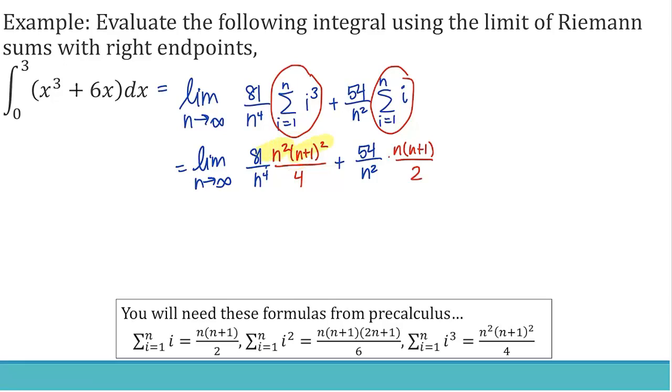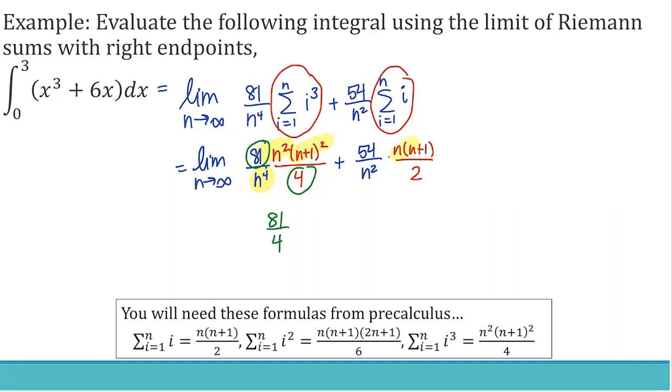So we have n squared times n squared on the top, so n to the 4th. And then on the bottom, we have an n to the 4th. And if the degrees match, then we're allowed to just take the leading coefficients, which would be 81 over 4. So the answer to this first limit at infinity is just the coefficients 81 over 4.